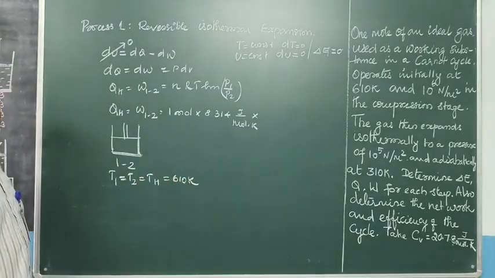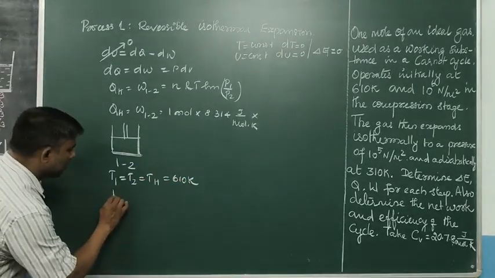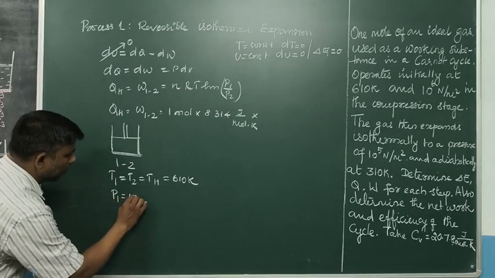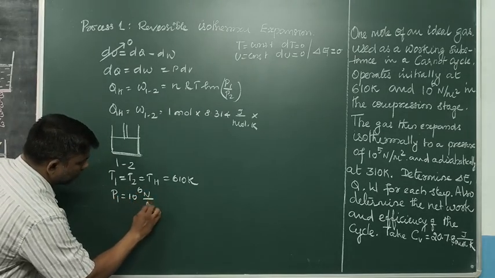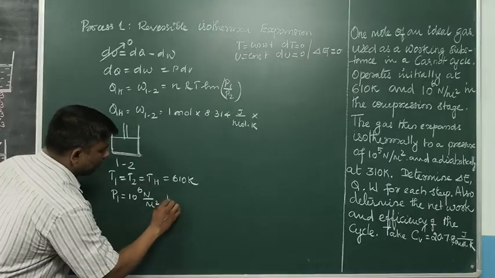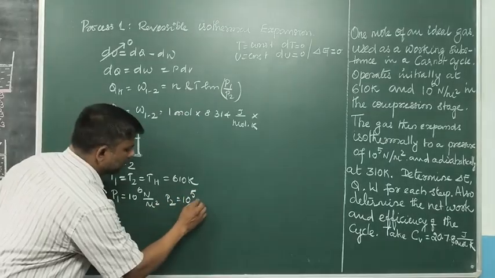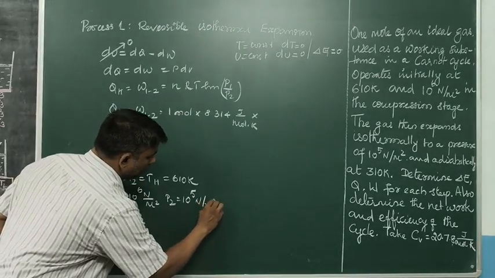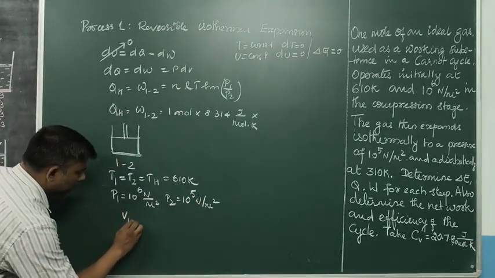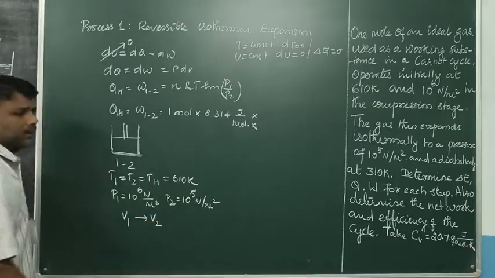This is given in your question paper. Initial pressure P1 is equal to 10 to the power of 6 Newton per meter square, and final pressure P2 is equal to 10 to the power of 5. There is no information regarding volume, it doesn't matter.